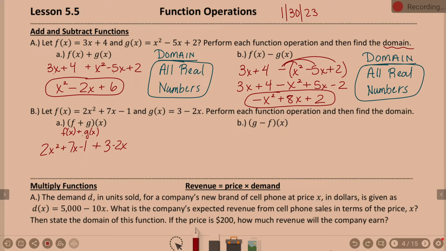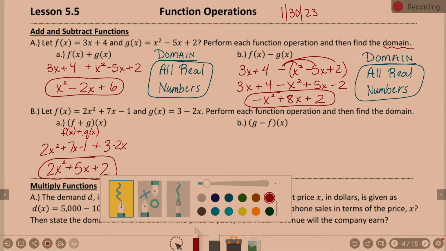First term I would choose to write would be 2x squared. I just happen not to have any other x squareds to go with it. 7x goes with minus 2x, and you have 5x. Minus 1 goes with plus 3, and minus 1 plus 3 is plus 2. So 2x squared plus 5x plus 2.